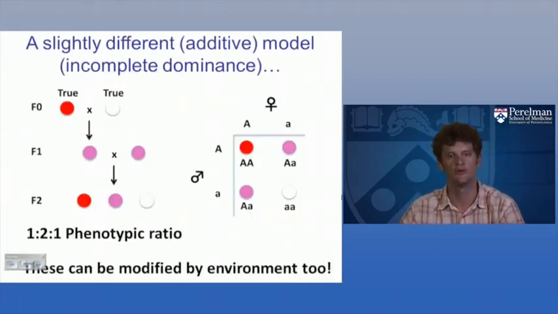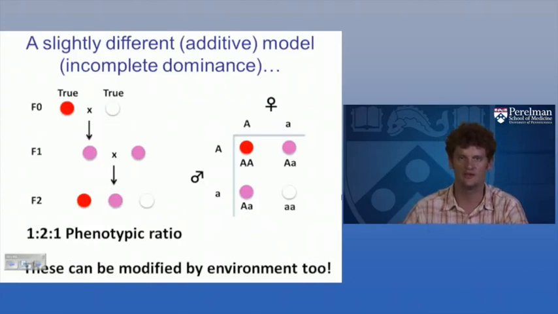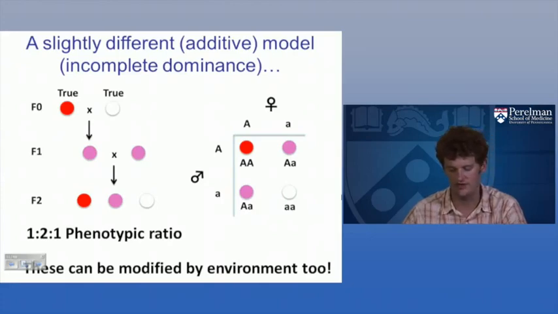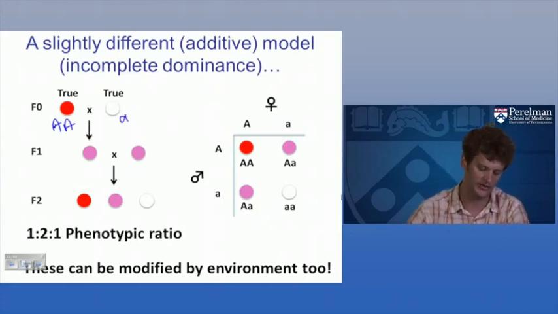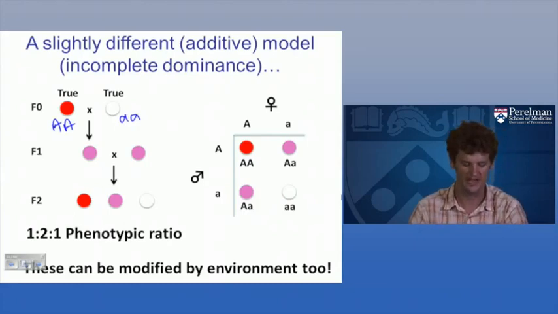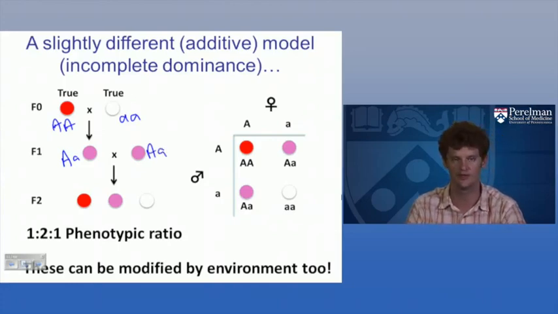And so one really simple way you can get something like a quantitative trait even from a single gene is if you have this incomplete dominance relationship. So here's a cross between big A, little a, and now if you have one copy of big A and one copy of little a, instead of being red, which would be for a traditional dominant relationship, you're purplish pink.